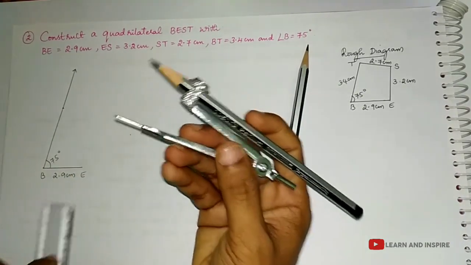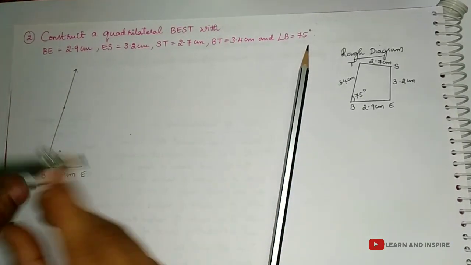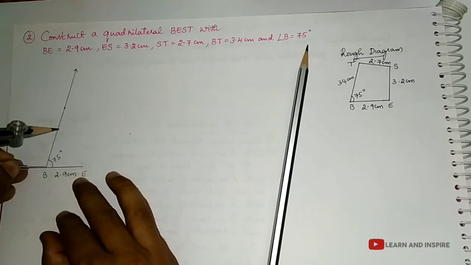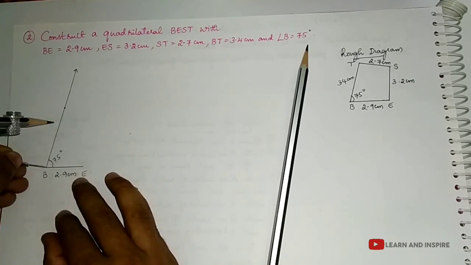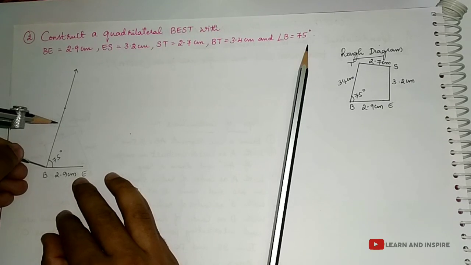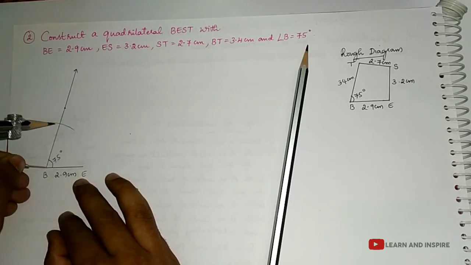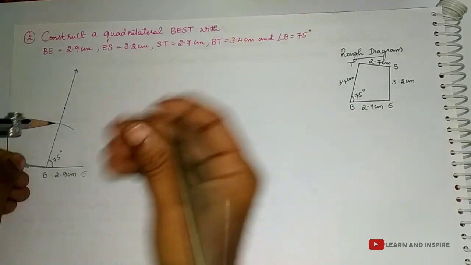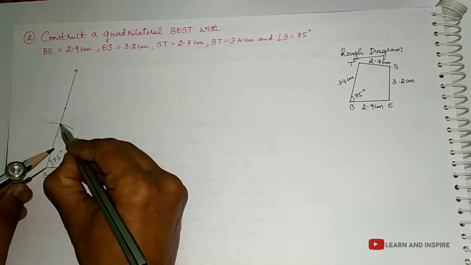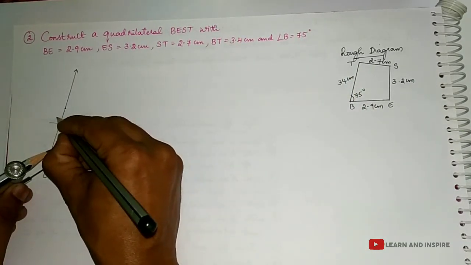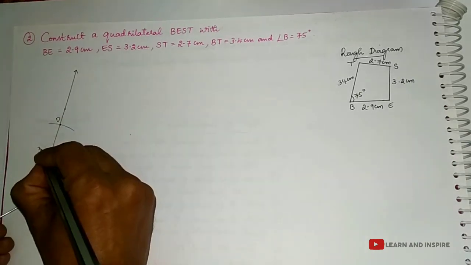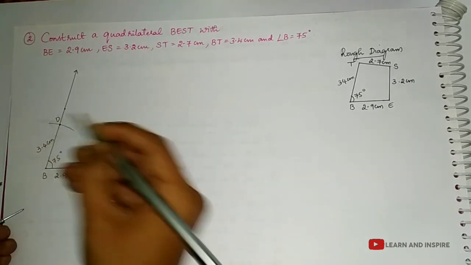So this is 3.4 centimeters with B as center. Draw an arc, and I name this point as T, which is 3.4 centimeters.